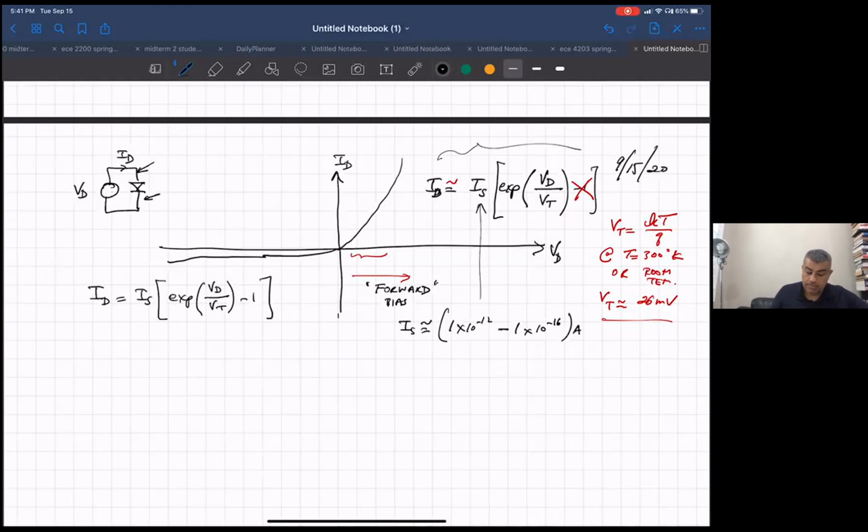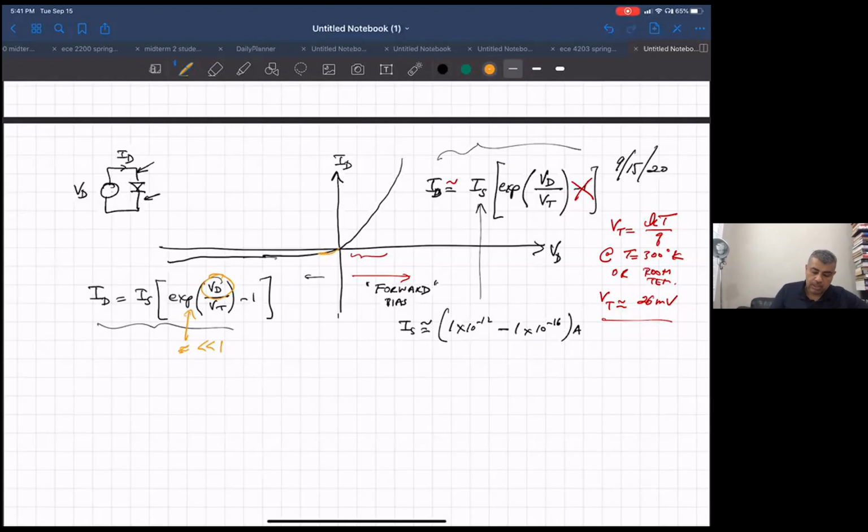So this is the complete equation on both sides. But where the approximations happen is here: when V_D is a negative number, this exponential quickly becomes very, very small, much less than 1, as soon as you get very little bias.